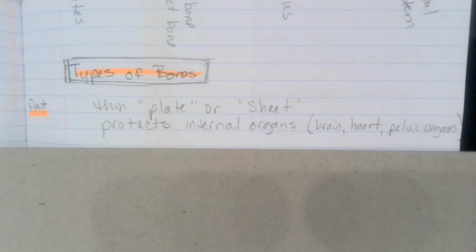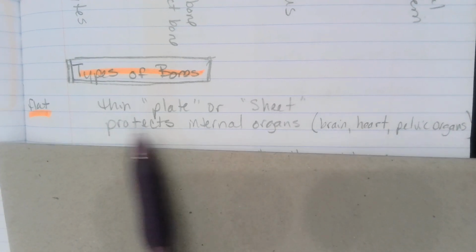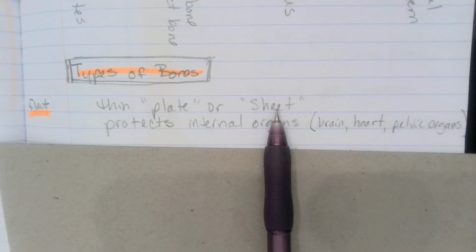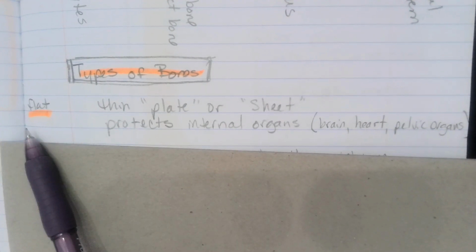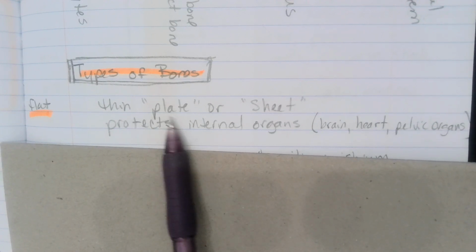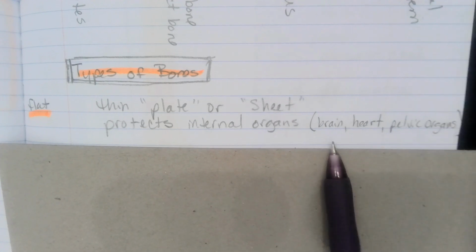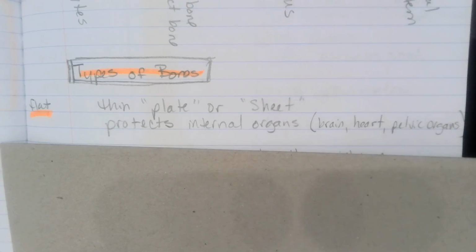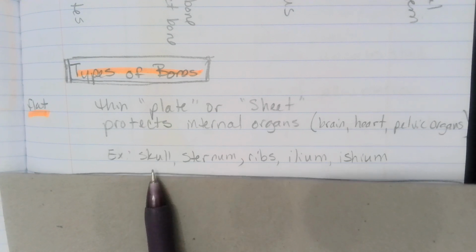All right, different types of bones. One type of bone is called a flat bone. Flat bones are thin plates or sheets. They protect internal organs. So when we say flat, they're not completely flat. They're usually just thinner plates or thinner sheets. So flat bones protect our brain, they protect our heart, they protect our pelvic organs, because some examples of flat bones are the skull.